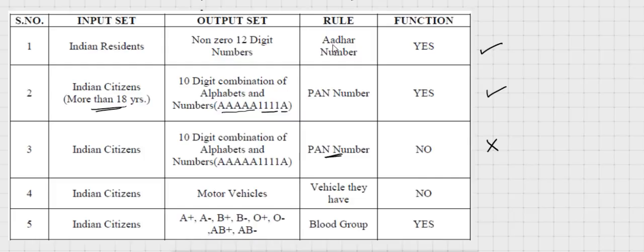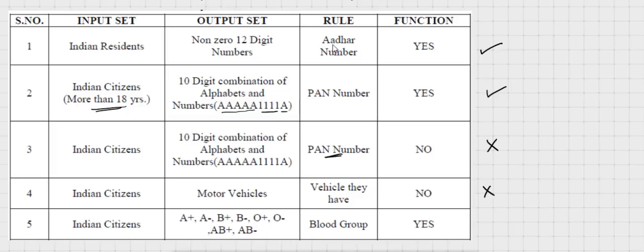No, right? So what is the first condition for a rule to be a function? All the elements of the input set should have an output. Here the first condition is failed, because it is not necessary for all the citizens to have a vehicle. Of course, it's a very practical example, right?